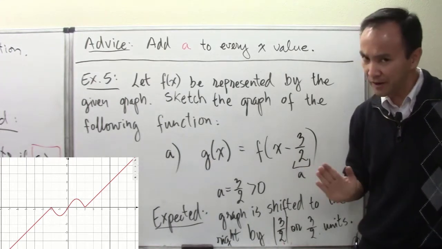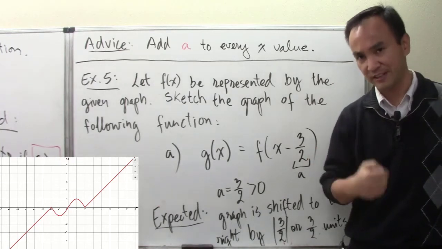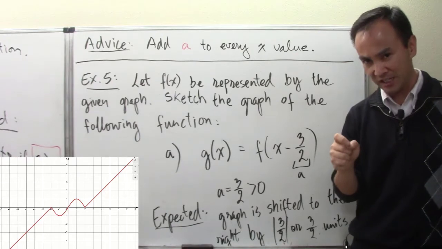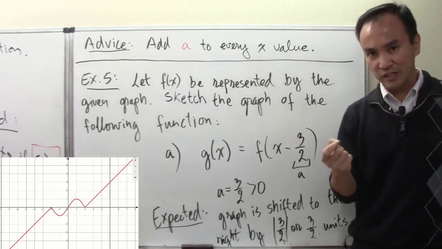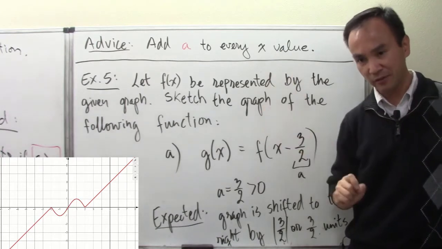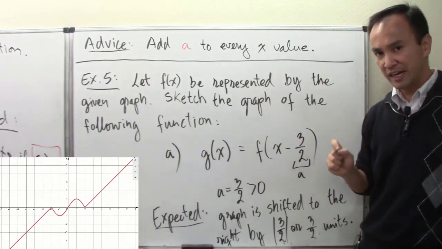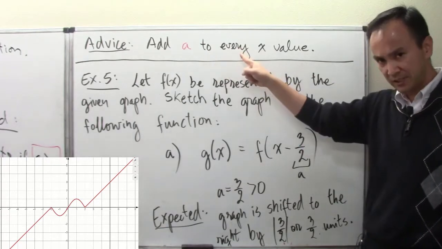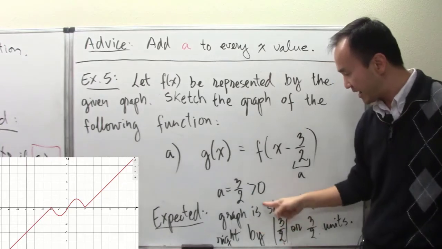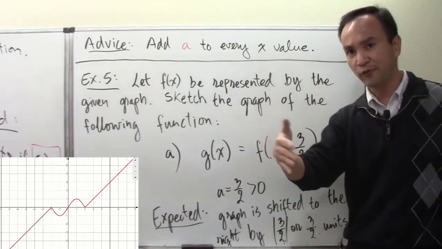Once you look at the graph, you can easily recognize a few guiding points, because those guiding points help define the shape of the graph. Literally speaking, you have to add 3/2 to every x value on this graph, but we don't have to do that for all x values.